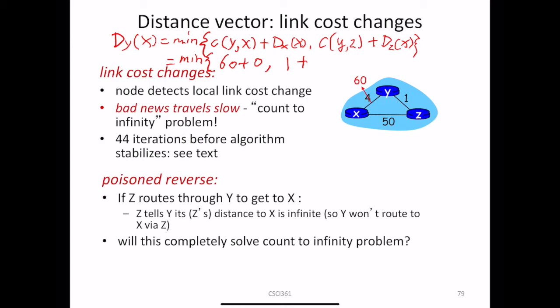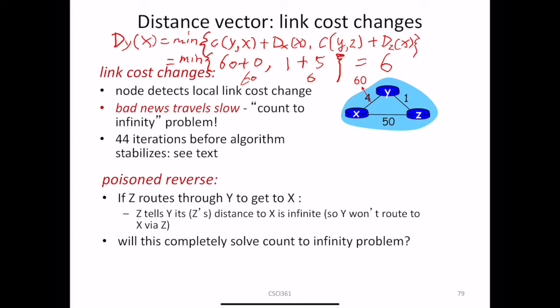And the dz(x) will be equal to 5, which we can get from the distance vector of z. After the calculation, we can see this one equal to 60 and this one equal to 6. So the result will be 6.